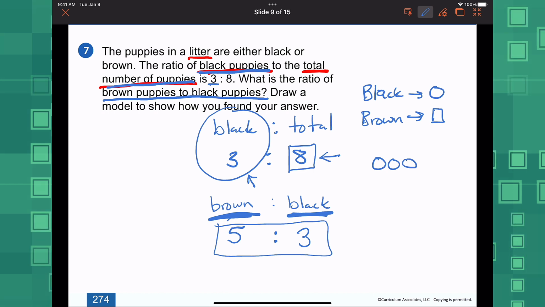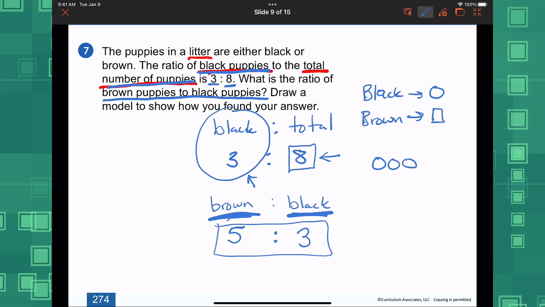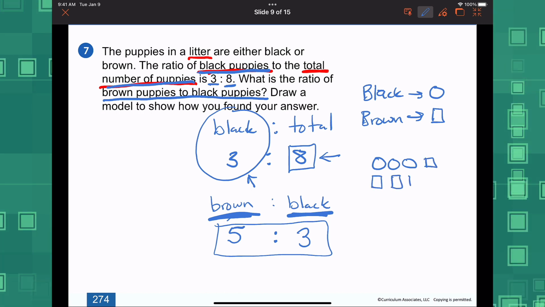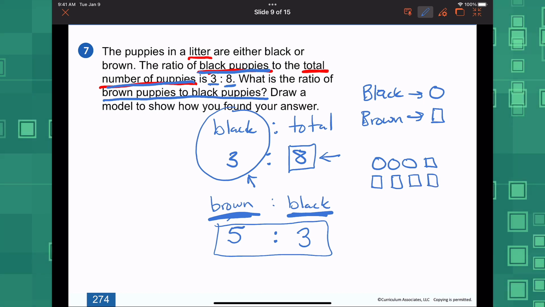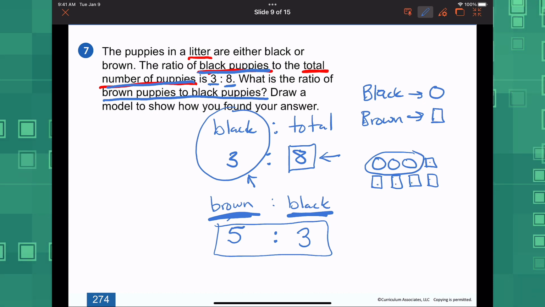And I have a total of 8. So I have 3 puppies so far, so I need 1, 2, 3, 4, 5. That makes a total of 8 puppies. So that means I have 3 black puppies and 5 brown puppies. So brown to black would be 5 to 3.